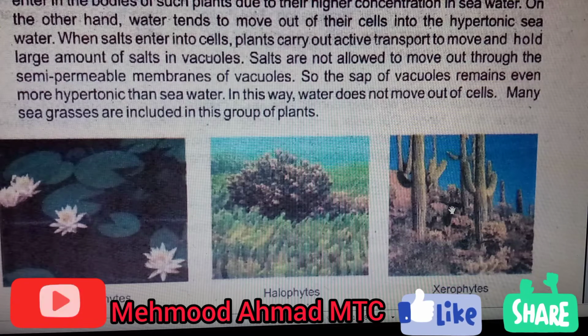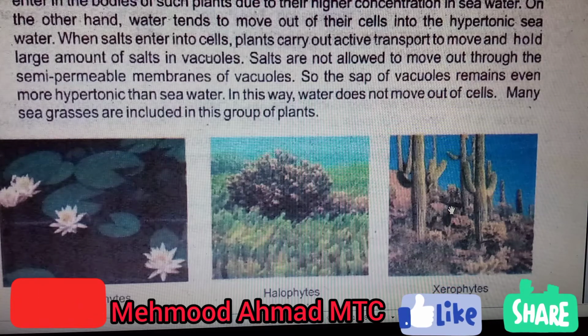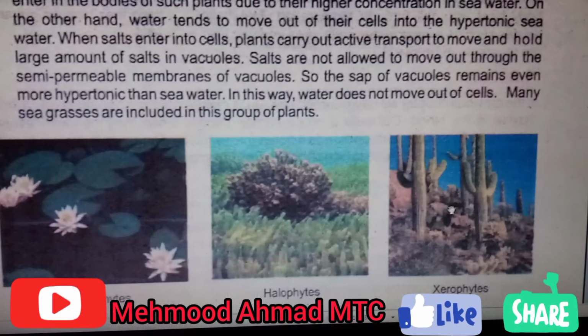They have very thick and tiny thorn-like leaves, so that they have minimum transpiration and minimum water loss because they don't have sufficient water. I hope you have understood all these topics.